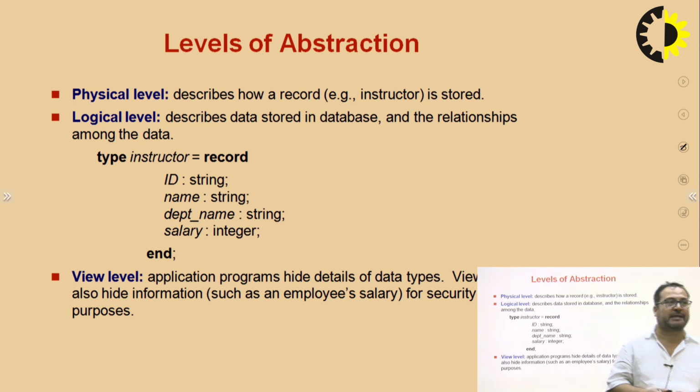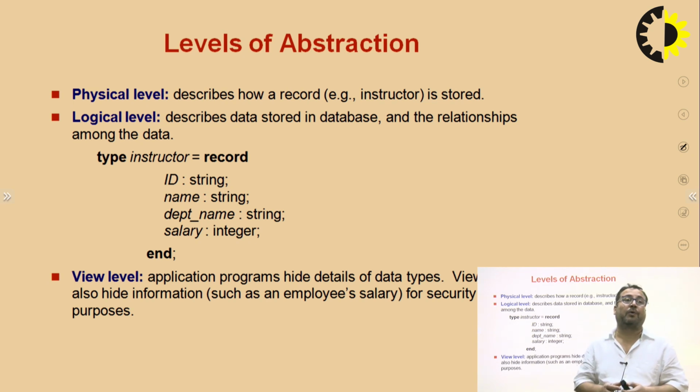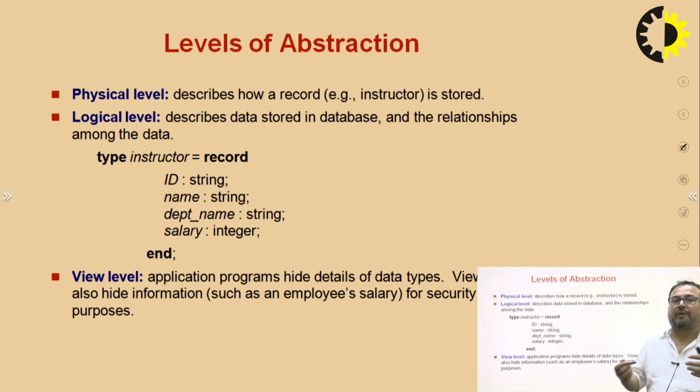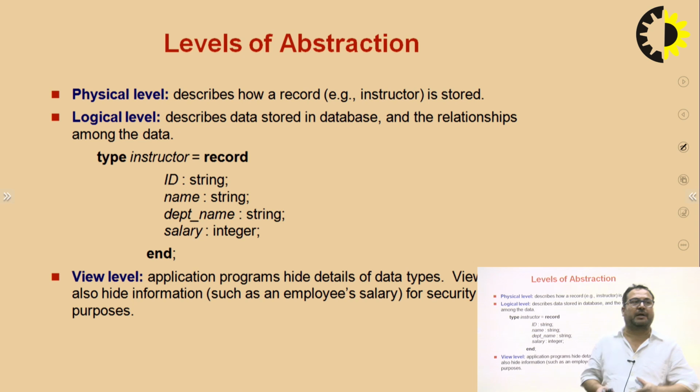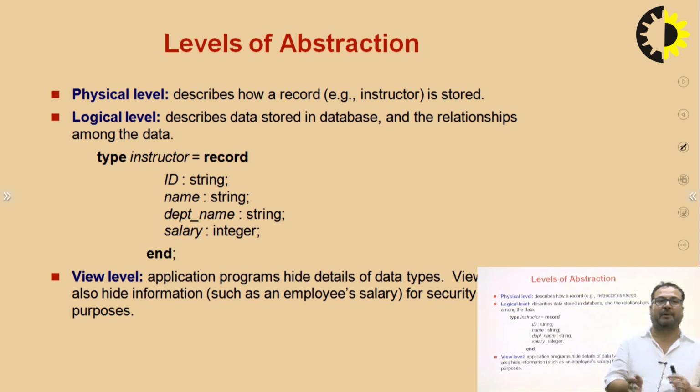This is called the schema. The logical level includes the name of each relation and how one relation is going to relate to another relation. All these relationships among the data, meaning among the relations, fall under the logical level.